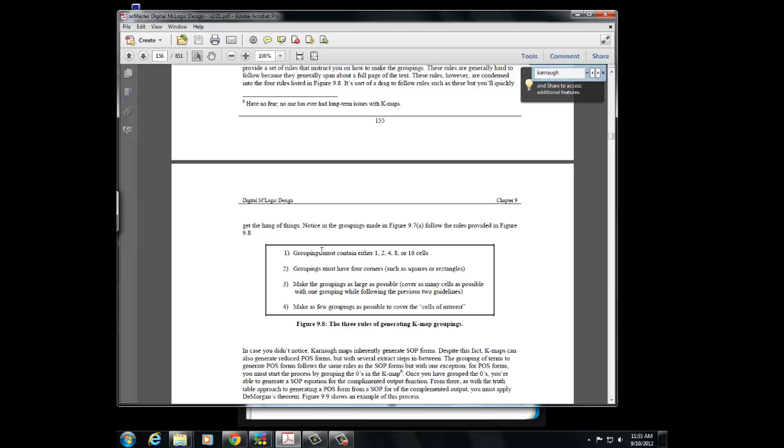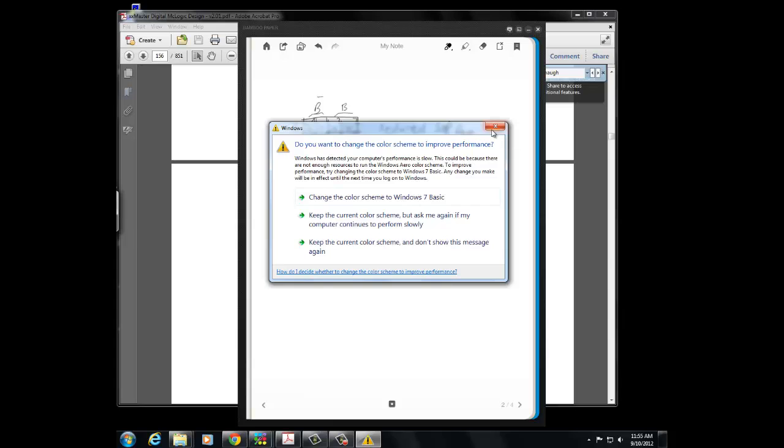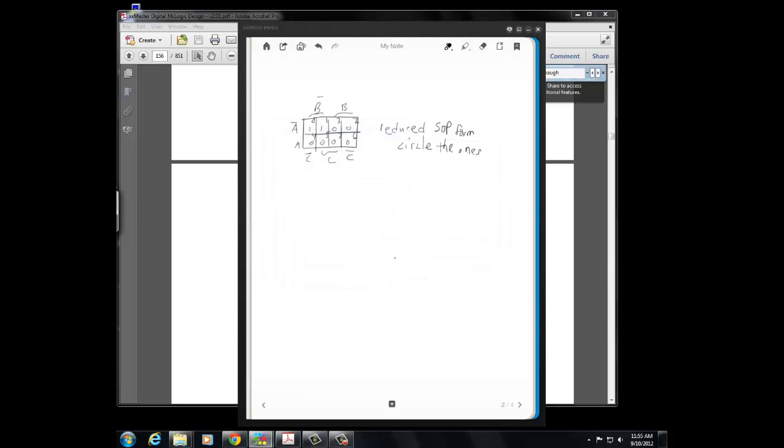Figure 9.8. Groupings must contain either 1, 2, 4, 8, or 16 cells. Groupings must have 4 corners. Groupings must be as large as possible, and use as few groupings as possible to cover the cells of interest. So as we do more examples, you'll understand what this means. All groupings can only be powers of 2. And here this one's pretty easy because we can easily see a grouping. We put these 2 1s together.